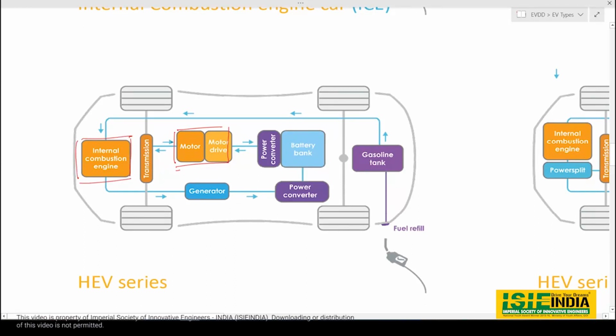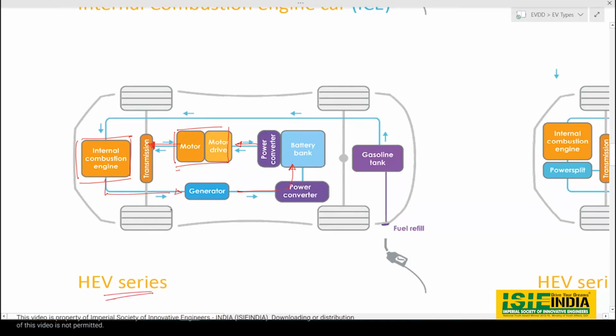But over here, you can see the difference: the electric motor is connected to the transmission, but the IC engine is not connected to the transmission. It is connected to a generator, and this generator is charging the battery pack. And the motor will use energy from the battery pack to drive the vehicle. So this is the series combination.